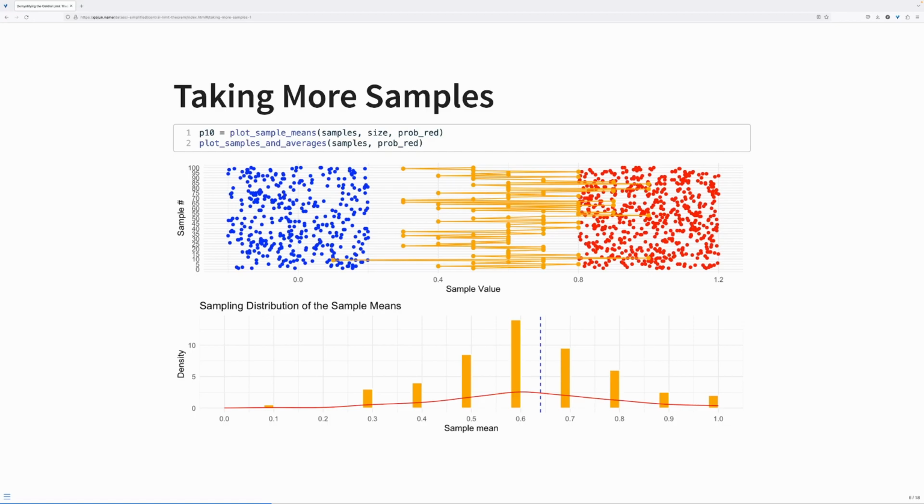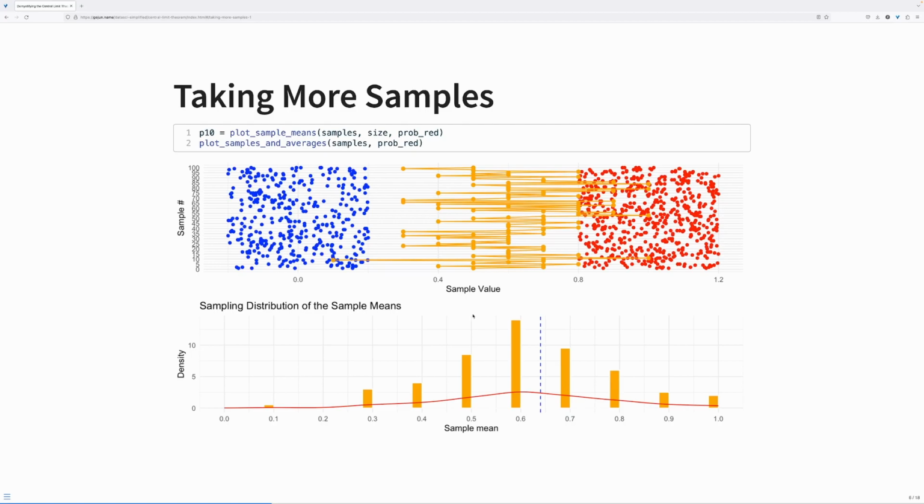Here's the plot. On the top part of the plot, we have the samples, and each row means one sample. These are the blue marbles and these are the red marbles, and the orange dots mean the percentages of the red marbles.